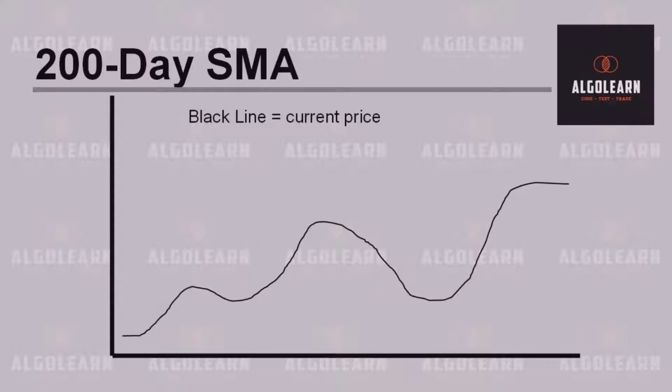Then we're going to show a green line for the 200-day simple moving average for the particular stock. There is the green line. And of course, one thing you'll notice is that it is boring. As you would suspect, it's going to be flatter and smoother. After all, it's an average of 200 days, so it's a much less volatile line than the current price.